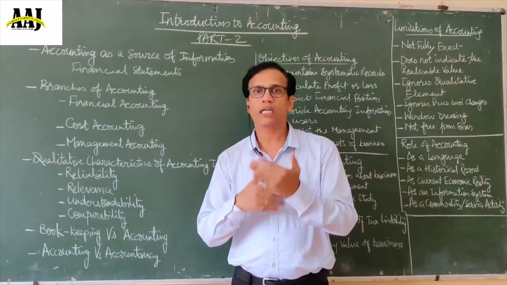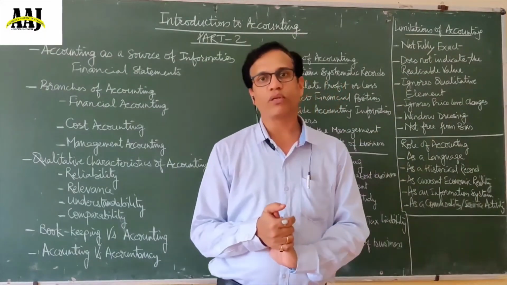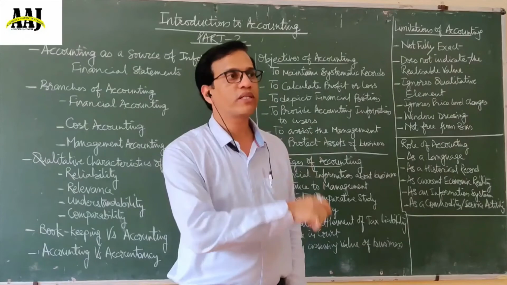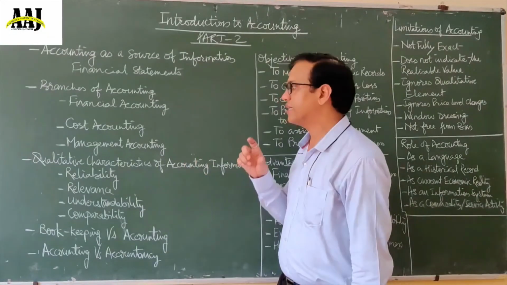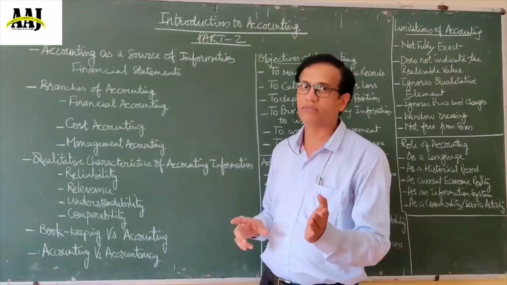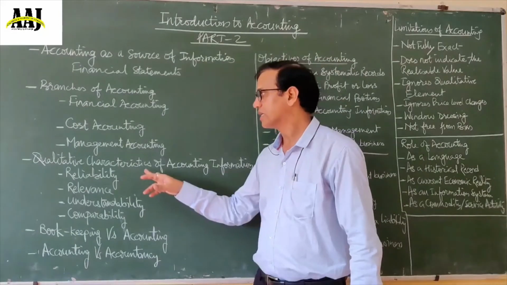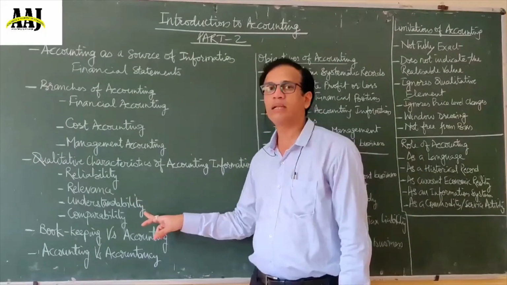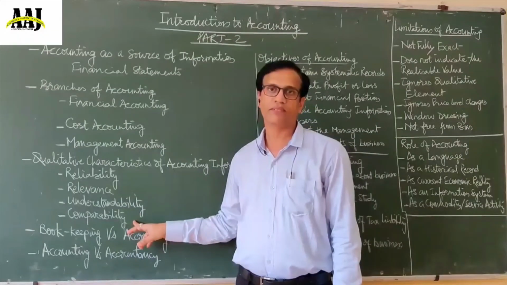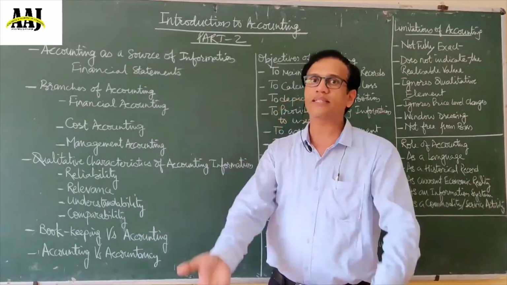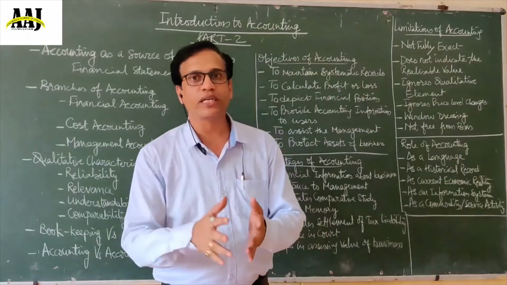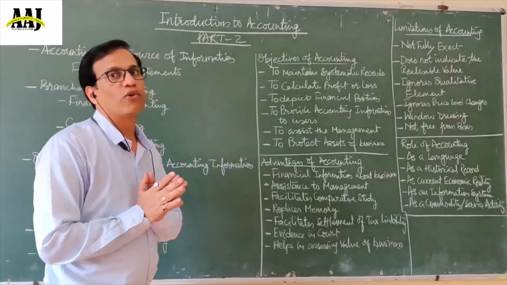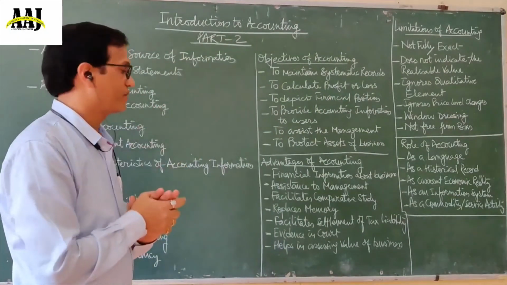This is also another important aspect of accounting. The information provided by accounting to its users must be reliable, relevant, understandable and comparable, so that it makes some sense to the user in using it for their decision.